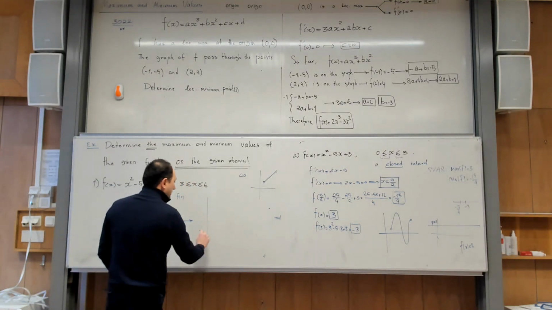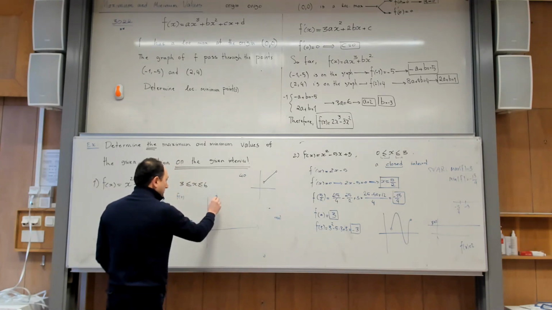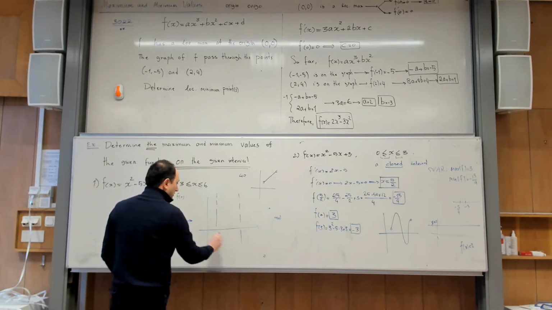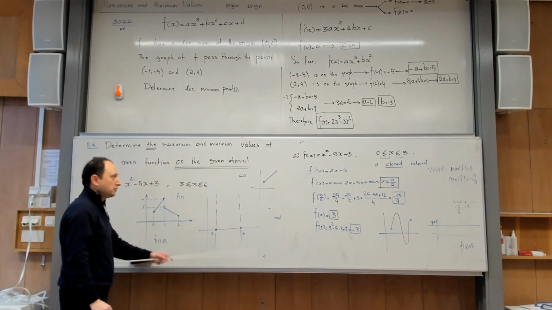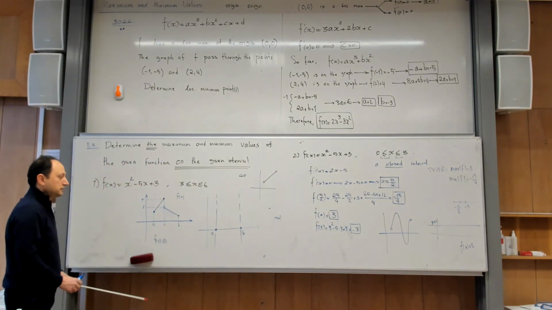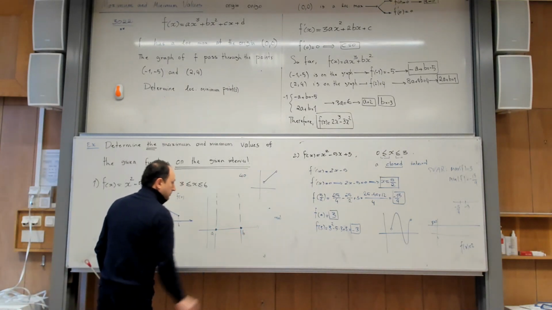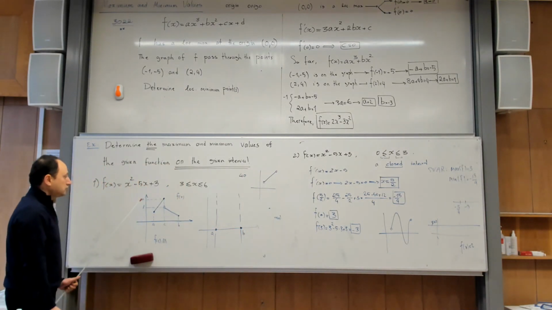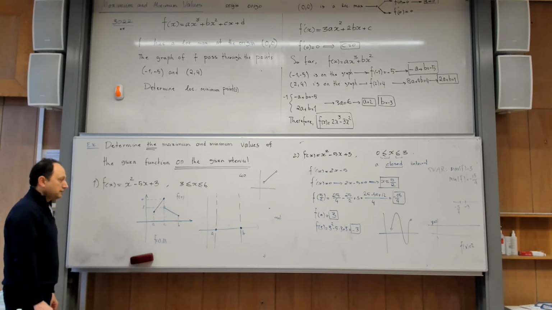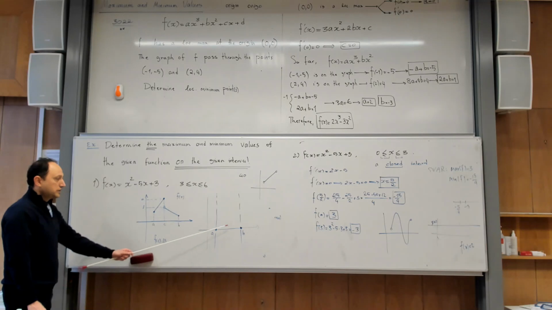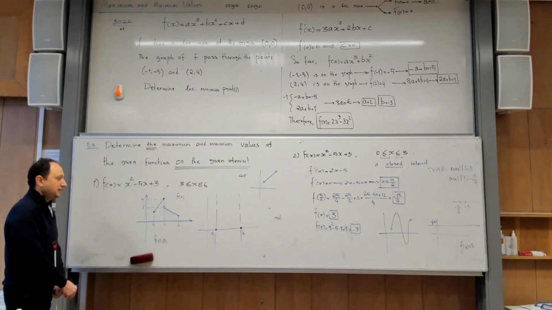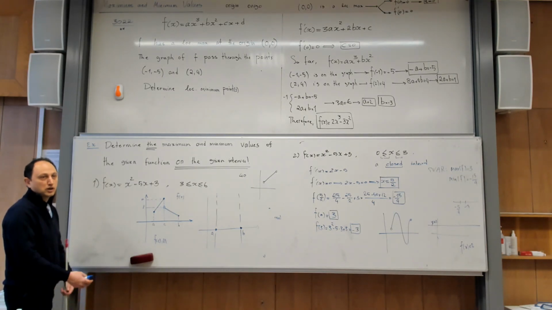So I want to keep the interval still closed. So assume that you have this interval from A to B. I want to include them because I want to understand the effect of each one of them. So I want to keep the interval closed. Yes? But I want to lose the continuity. Can you draw a graph in the closed interval so that it doesn't have any maximum or minimum or none of them?